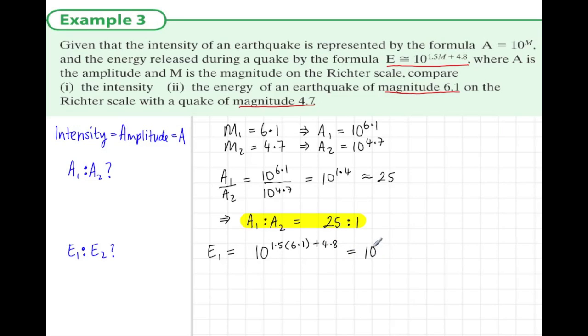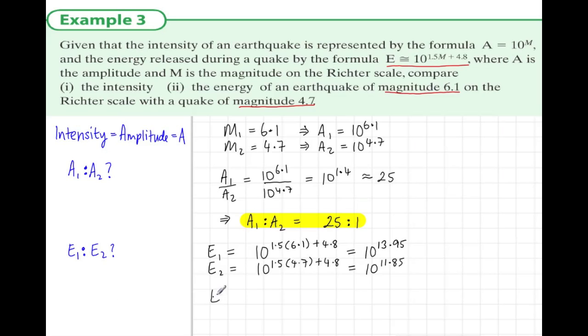We just work out the power here. You can use the calculator if you want. And this is 10 to the power of 13.95. The energy of the second one, this time we're putting in 4.7 instead of m. And working out the value of this power, it's 10 to the power of 11.85.